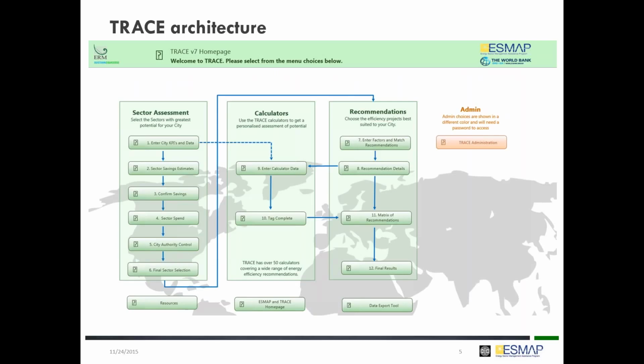Then after having selected the priority sectors, you move on to the recommendations part, where you can refine the recommendations and eventually in the middle, these are the intervention models that help to assess the financial viability.